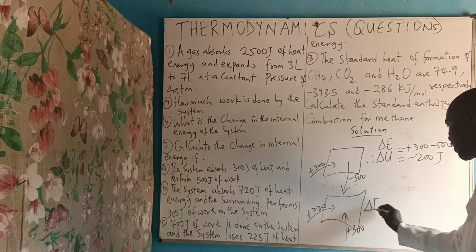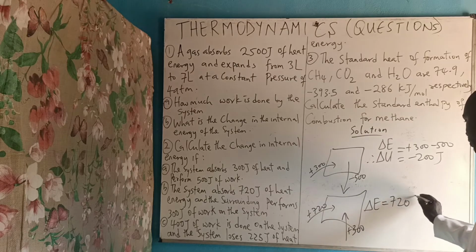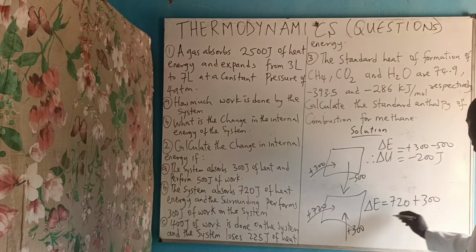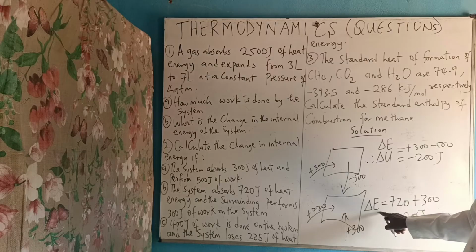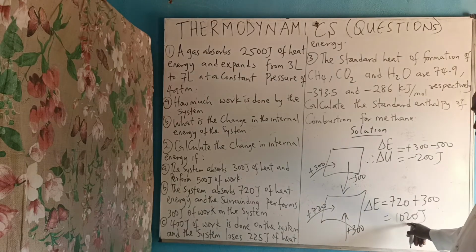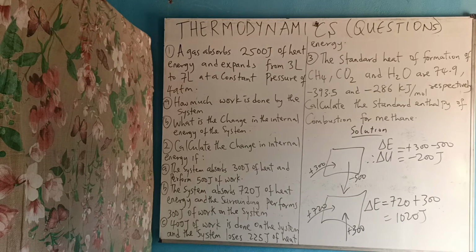So the change in internal energy will be equal to 720 plus 300, and that is 1020 joules. That means the internal energy of that system must increase because it's positive. Then we go to question number C.